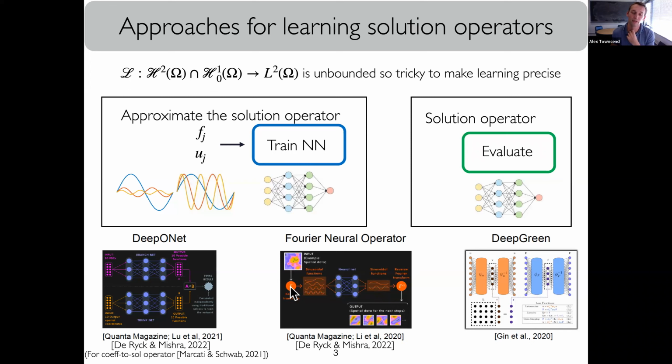And this is a nice approach because it learns a family of solution operators that are parameterized. So anyway, there are lots of different techniques, and we're trying to ask the mathematical questions here.